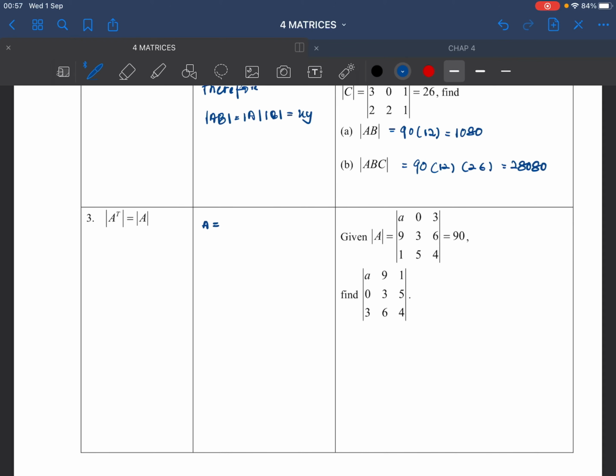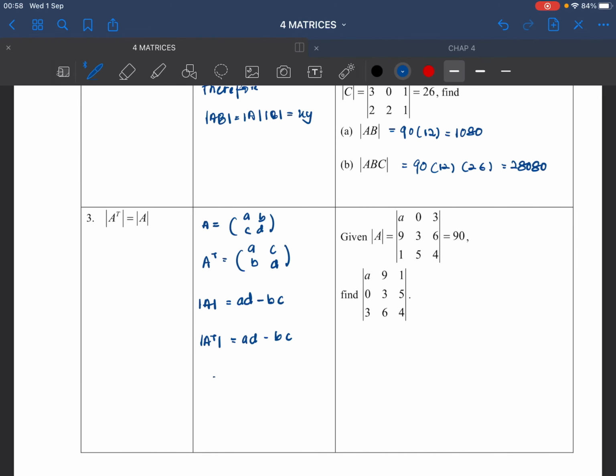Let's say A is the matrix A, B, C, D, and then A transpose: we swap rows into columns, so we have A, C, B, D. Let's find determinant of A. We know our formula is AD minus BC. And if we want to find A transpose, basically it is AD minus BC as well.